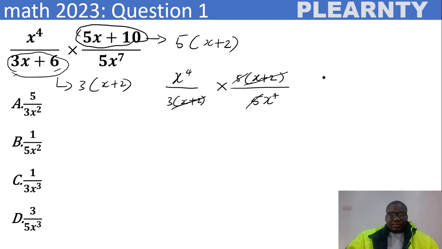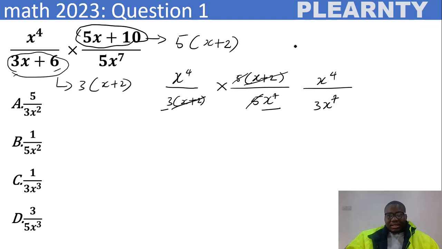So we are going to have x raised to power 4 over 3x raised to power 7. That's 3 times x raised to power 7. So according to the law of indices, when you want to divide powers, you divide both up and down by x raised to power 4.